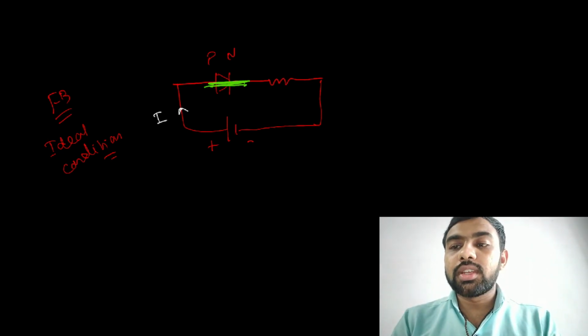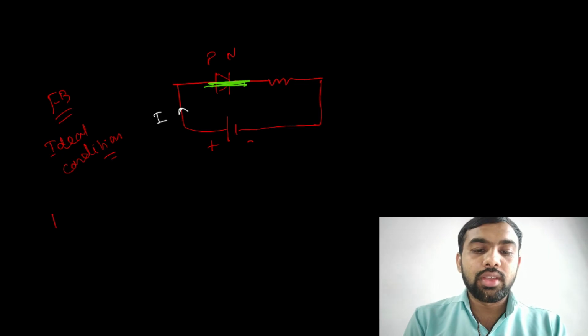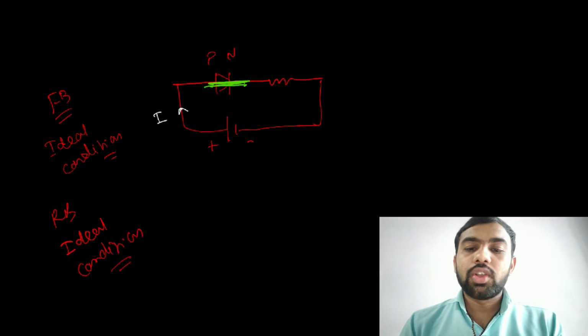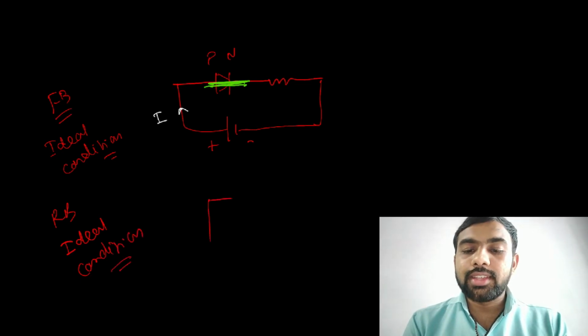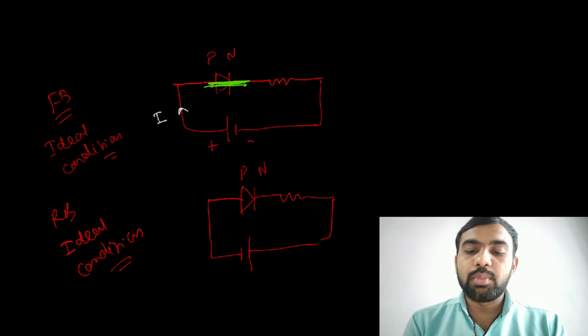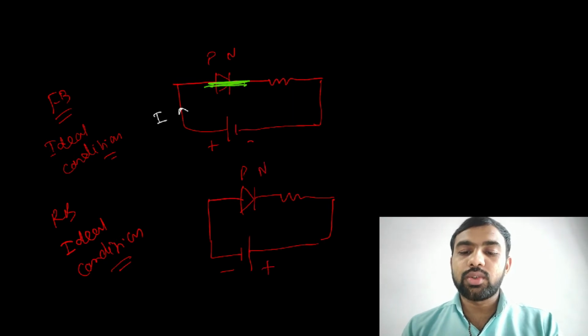Similarly, consider the reverse bias ideal condition. The connection is like this: P is connected to negative and N is connected to positive.